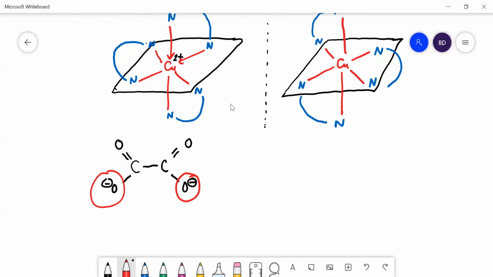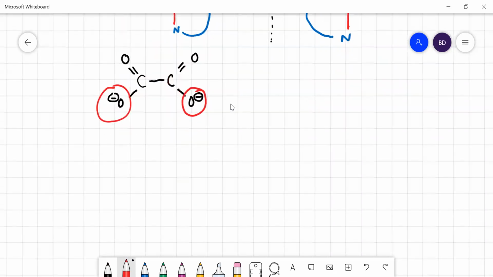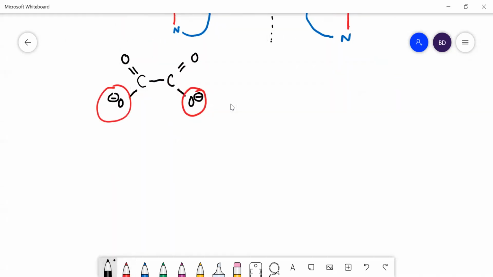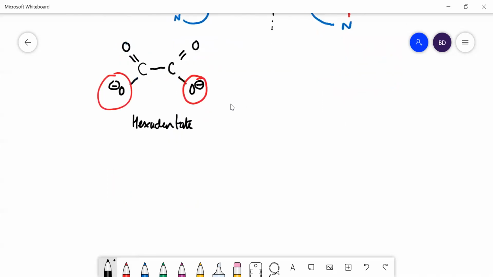There's one we really need to know about, and it's a hexadentate ligand. That means it forms 6 dative covalent bonds from one molecule, and it is related to the diaminoethane structure.